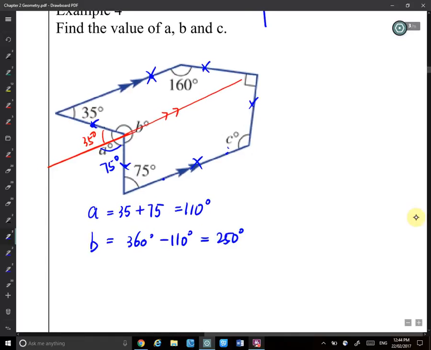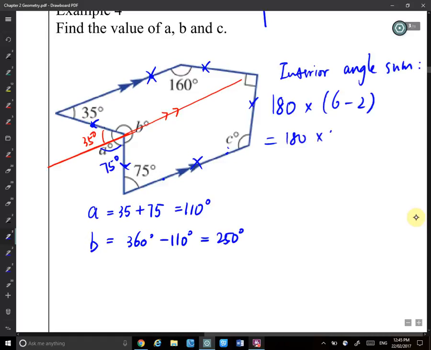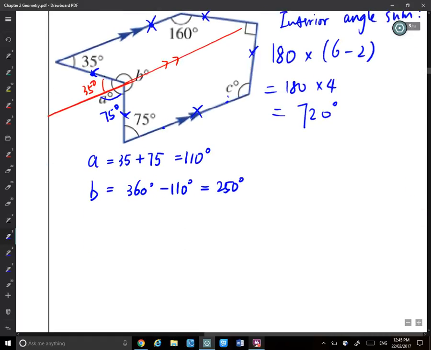So the interior angle sum is 180 times 6 minus 2. I can make 4 triangles here, so that times 4, that's 720 degrees in total.